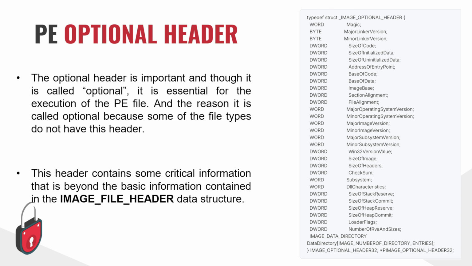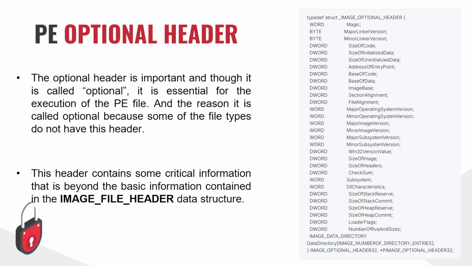Next comes the PE optional header. Despite the name, optional header is not really optional. It is mandatory for executables. It contains information like the address of the entry point, image base, size of the image, subsystem used, data directories, which includes the import address table and the export address table.